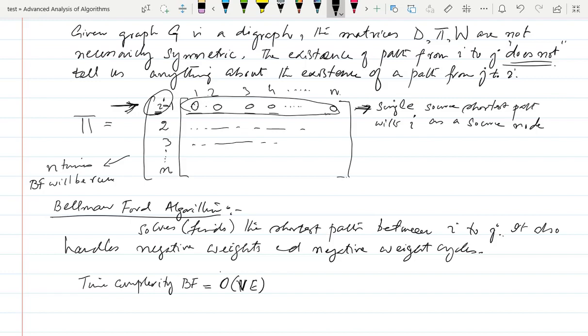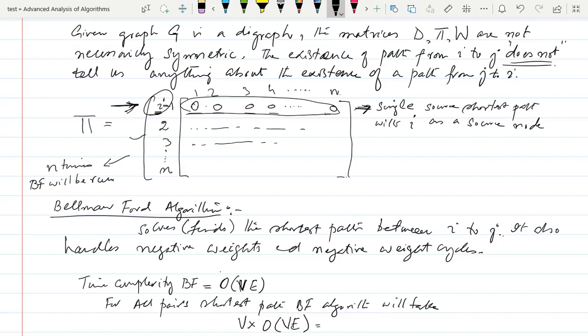If we have to run it for all the vertices like we have talked about over here, so for all pairs shortest paths, Bellman-Ford algorithm will take V multiplied by big O of VE time, which is the same as big O of V square E time.